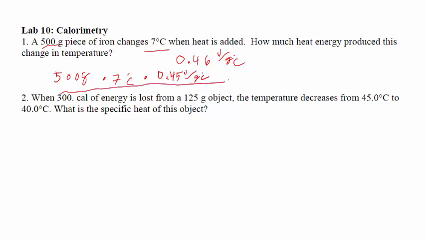500 grams times 7 degrees Celsius times 0.45 joule per gram degree Celsius. So my first answer would be 1,575 joules.